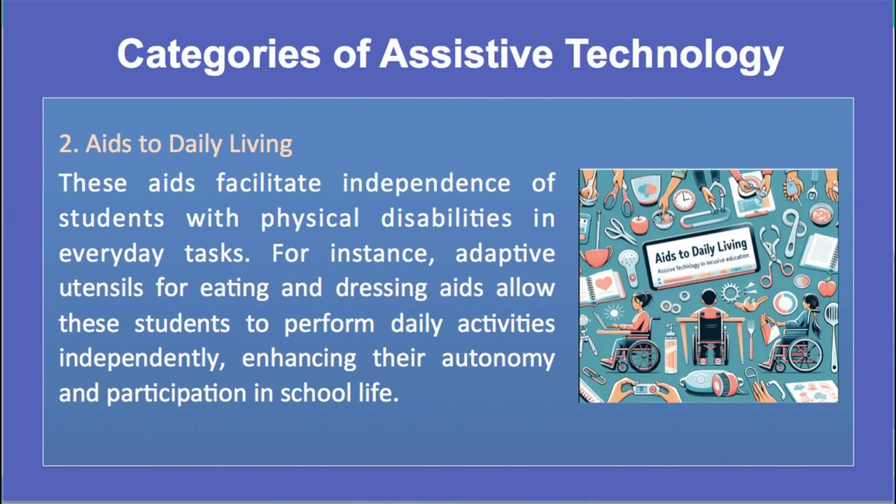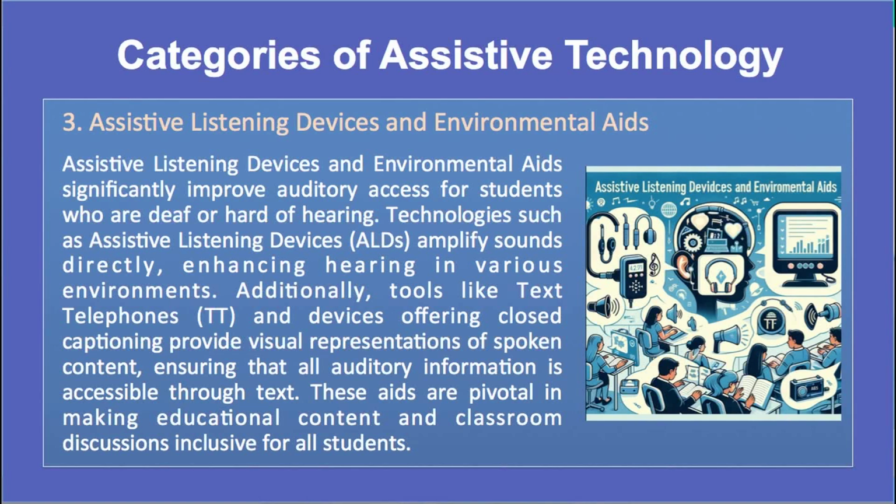Aids to daily living. These aids facilitate independence of students with physical disabilities in everyday tasks. For instance, adaptive utensils for eating and dressing aids allow students to perform daily activities independently, enhancing their autonomy and participation in school life. Assistive listening devices and environmental aids. Assistive listening devices and environmental aids significantly improve auditory access for students who are deaf or hard of hearing.